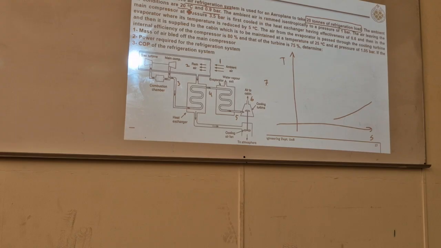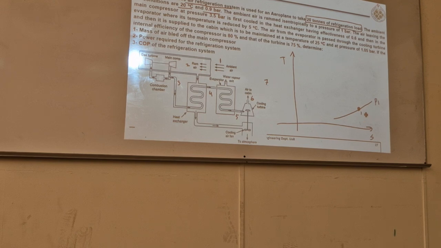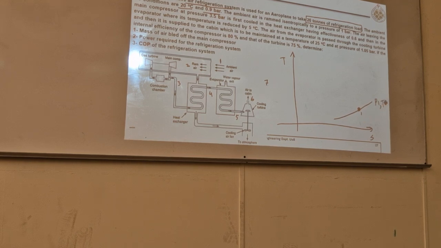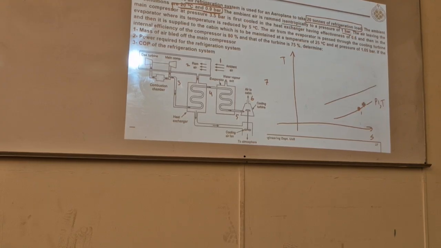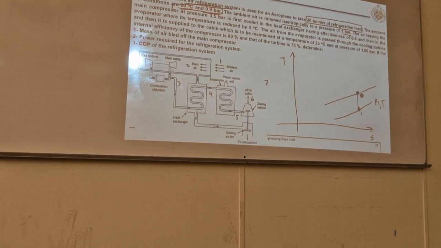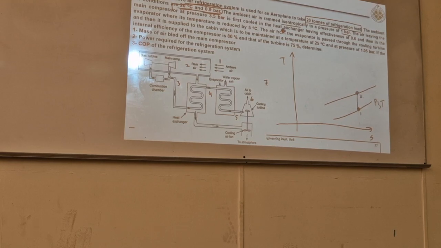The ambient air conditions are 20 and 0.9. So this is P1, this is 0.1. So this P1 and T1 are given. The ambient air is rammed isentropically to a pressure of 1 bar. Ramming 1 to 2, isentropically, no dash.